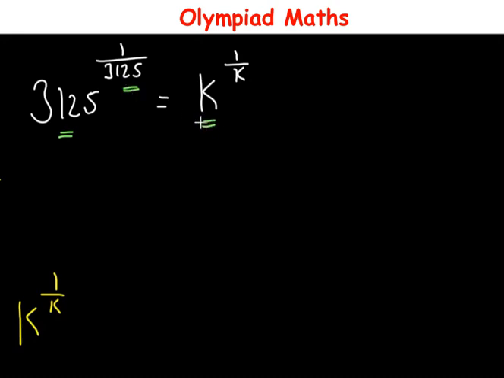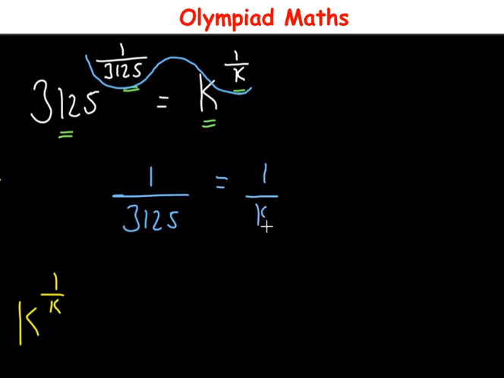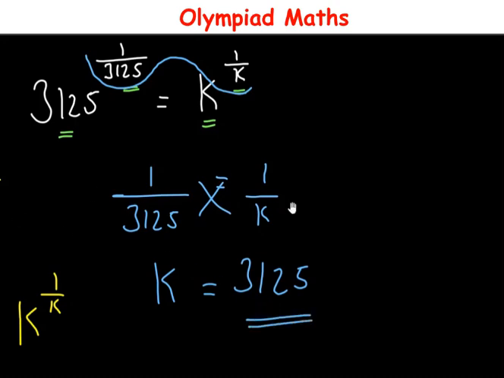So as such, we can compare the exponents, such that 1 over 3125 is equal to 1 over k. Then simply multiplying, k equals 3125 times 1, which is 3125. So with this, we have gotten the value of k.